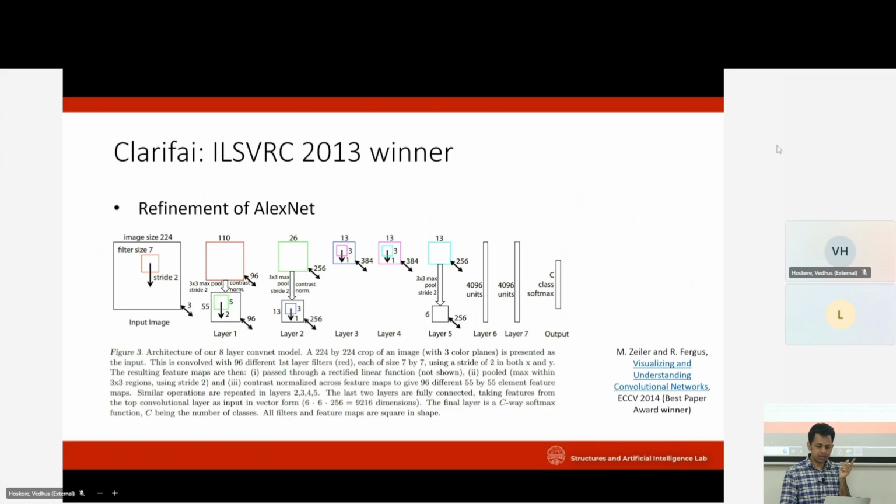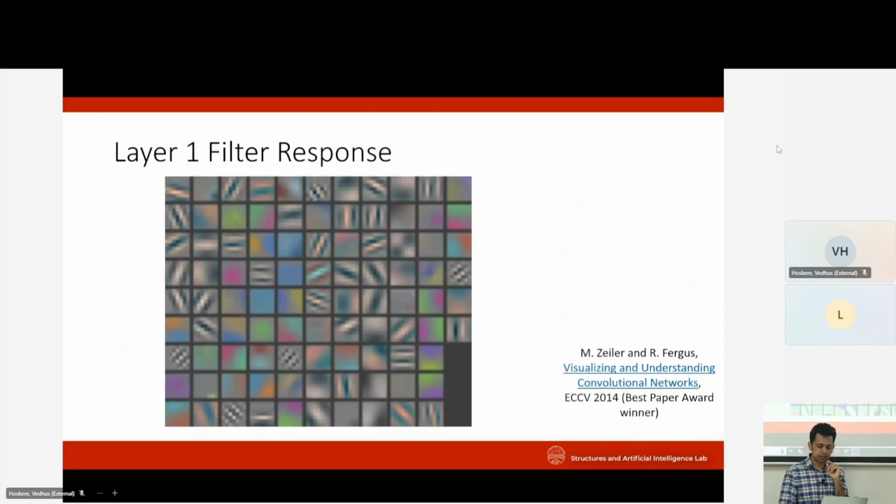So in 2013, for the same challenge, there was this paper by Clarifai that had a refinement. But the main interesting thing about their paper is they studied the filter responses to illustrate that hierarchical concept that I was talking about. So here you can see the filter response for layer 1.